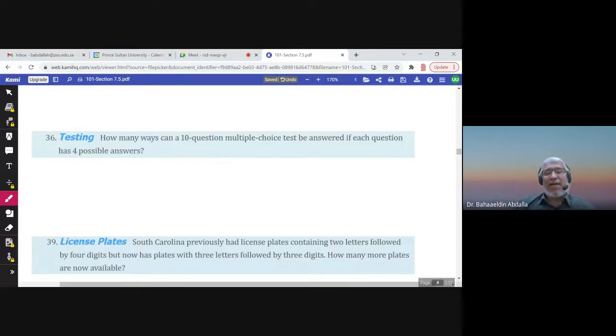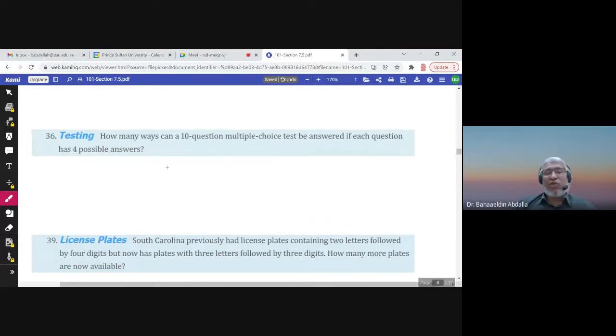How many ways can a 10-question multiple choice test be answered if each question has 4 possible answers? Let us answer question by question. So let us answer the first question.